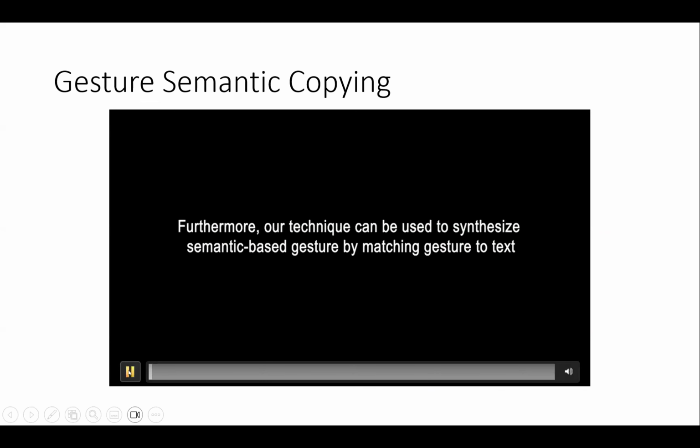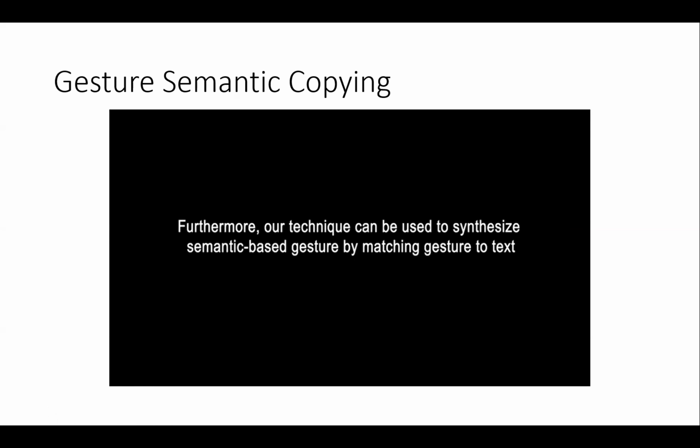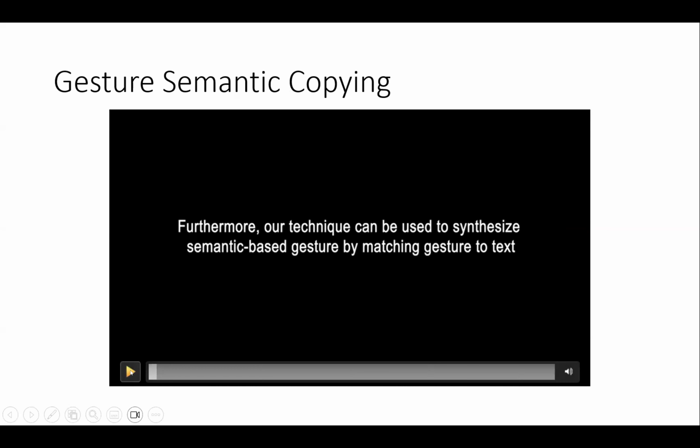And then this last example I'm going to show kind of falls out of having this fairly simple framework. What you can do is basically semantic copying. If you have an example of a semantically rich gesture, you can insert that into this framework, and because it's a fairly simple framework, it's straightforward to do that.